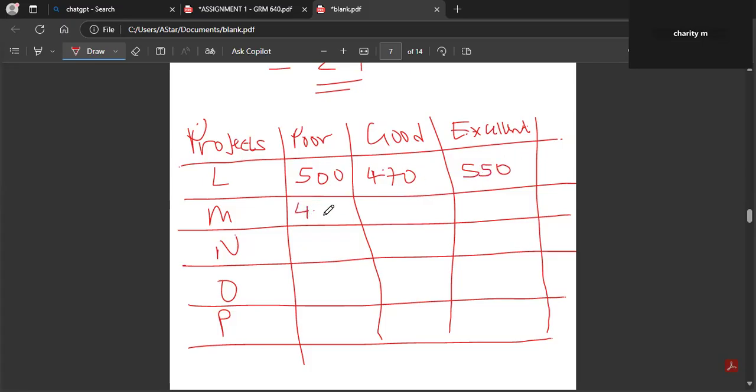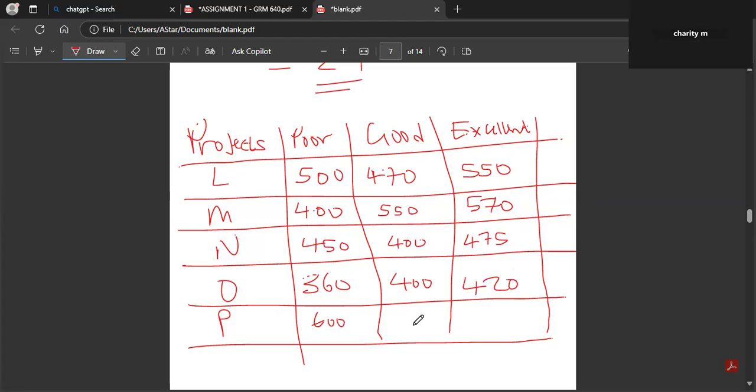Then 400, 550, and 570. Then the other one is 450, 400, 475. The other one is 360, 400, and 420. The other one is 600, 500, 425. Are we together?